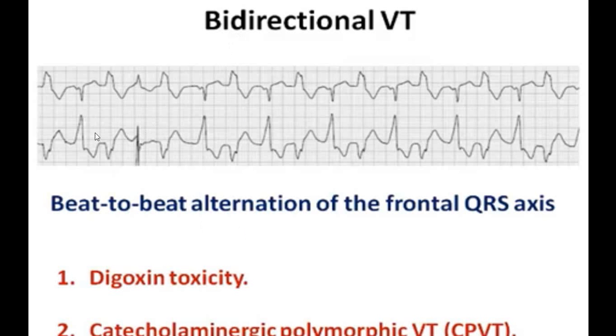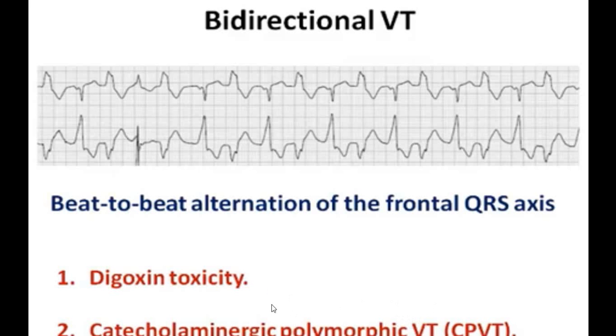In a bidirectional, you can see that alternate complexes are in a different direction. So we call bidirectional, beat to beat alternation of the frontal QRS axis, and it is very common with digitalis toxicity. And another is catecholaminergic polymorphic ventricular tachycardia.